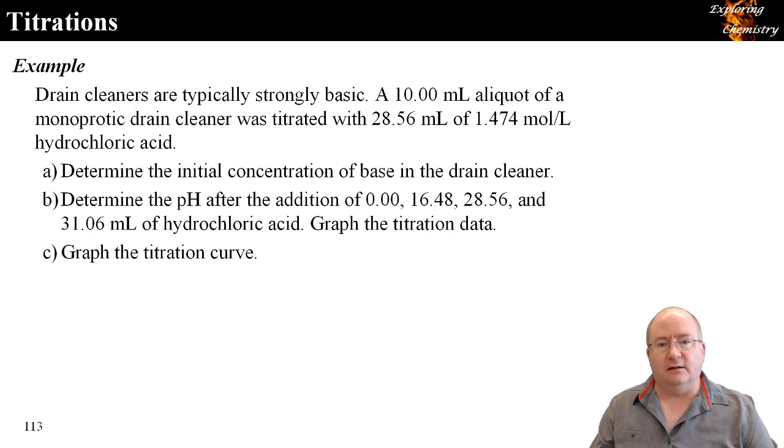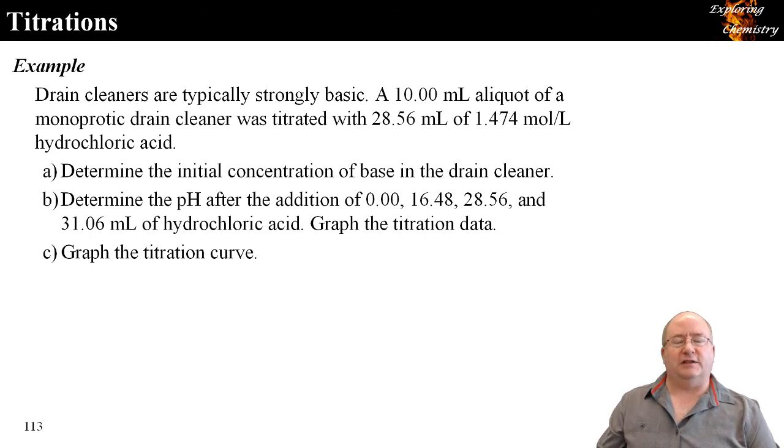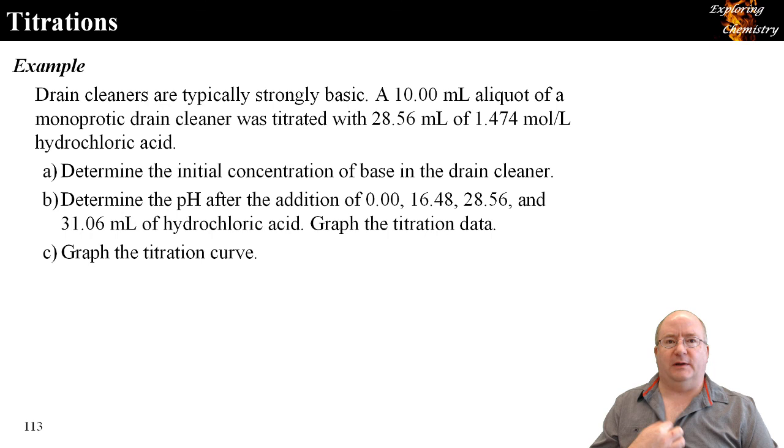It's the same process that you need to get comfortable with, figuring out what's in excess, figuring out whether you're before, after, or at the equivalence point, and then, of course, determining the pH appropriately. So I will post the answer to this up on Blackboard. If it's not already there, it will be made available.